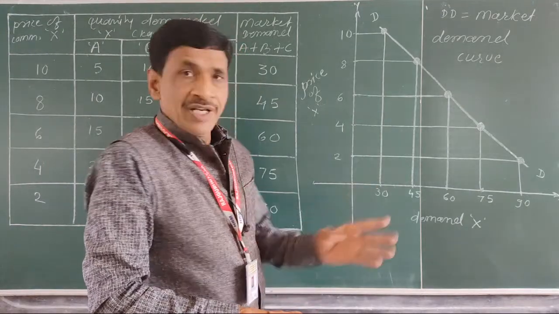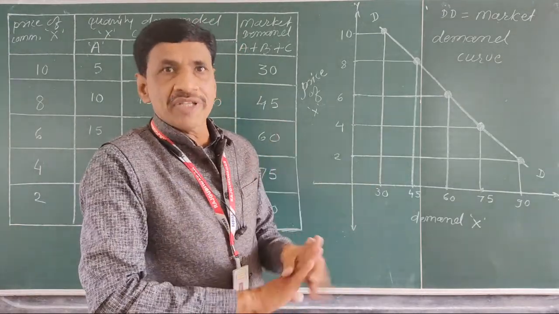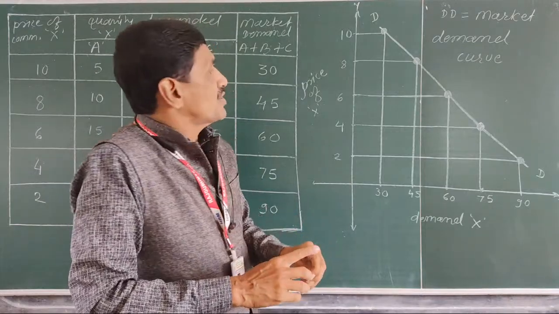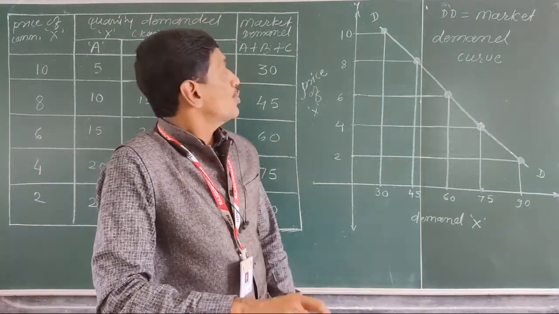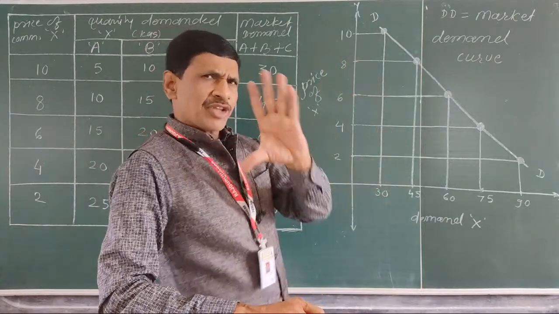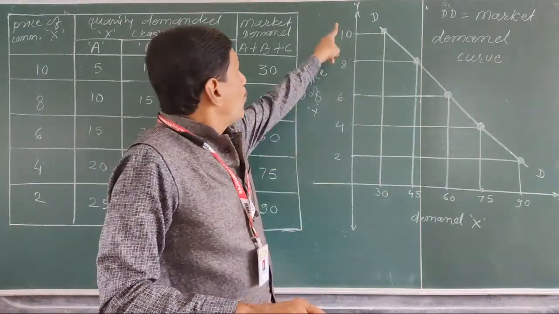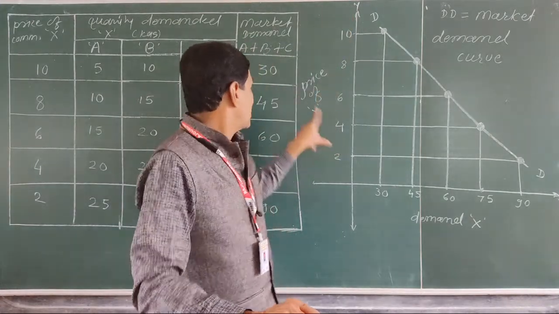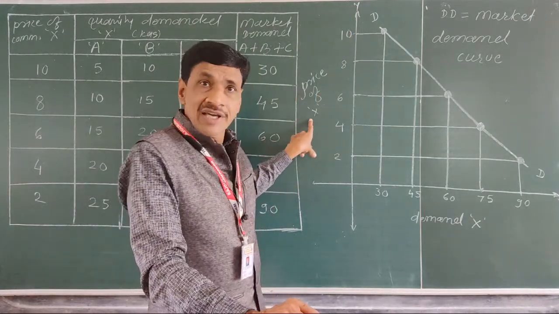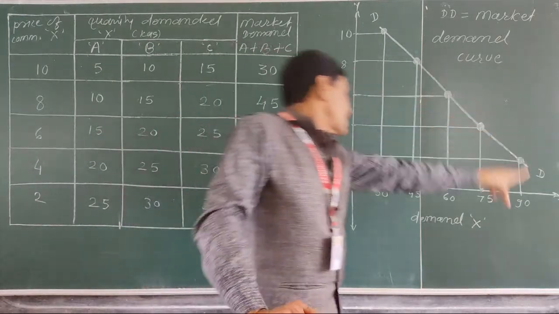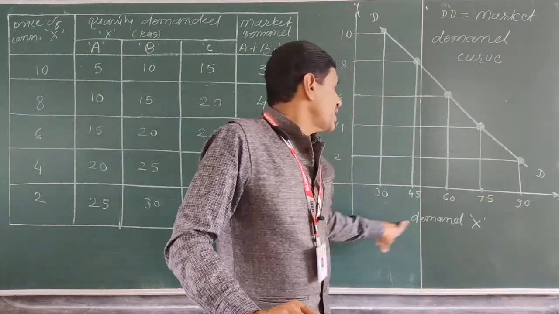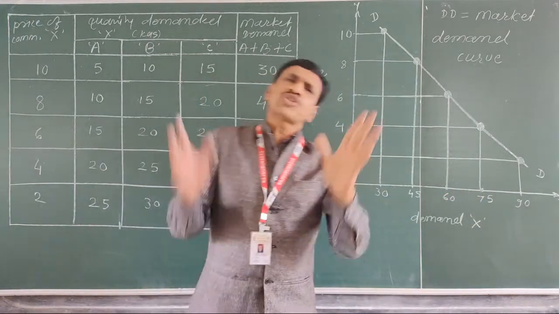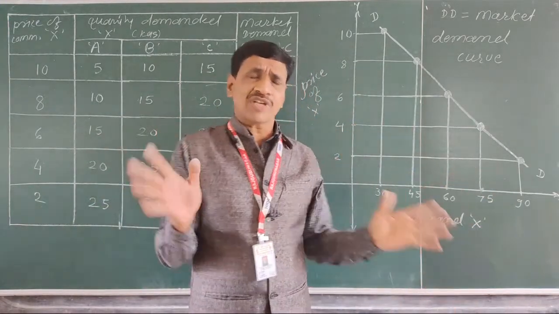आता 3 ते 4 ओळीमध्ये या डायग्रामचं आपल्याला एक्सप्लेनेशन या ठिकाणी लिहिणं गरजेचं आहे. ओके, सो लिहिताना फर्स्ट टू लाईन, Y axis indicates price of commodity X and X axis indicates quantity demanded of commodity X. ओके, हे कोणत्याही शेड्यूलचं स्पष्टीकरण डायग्रामचं असेल.